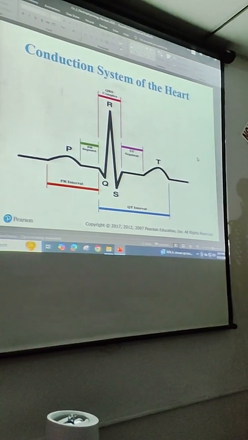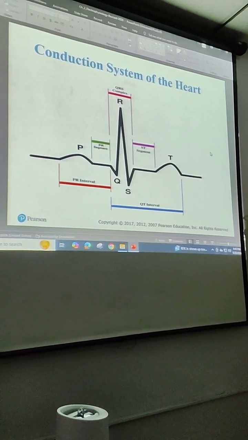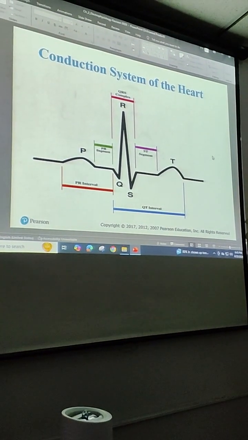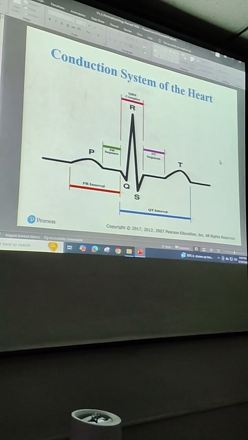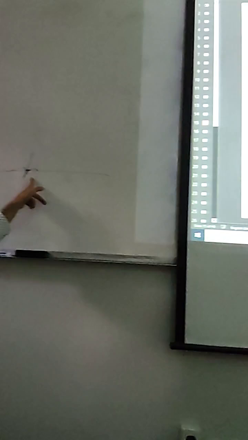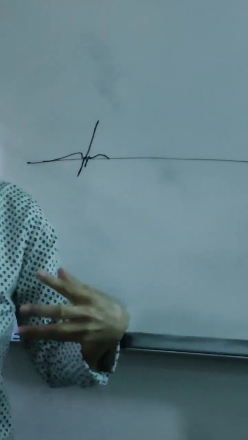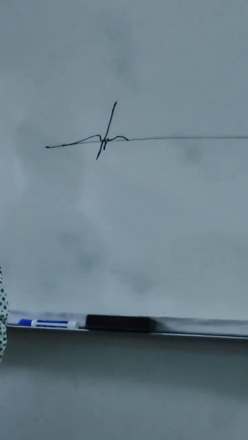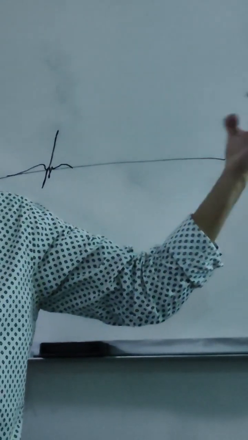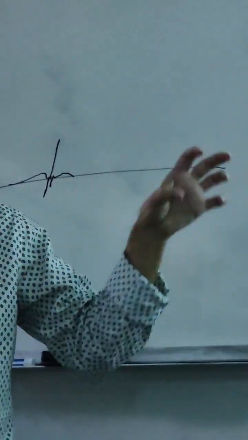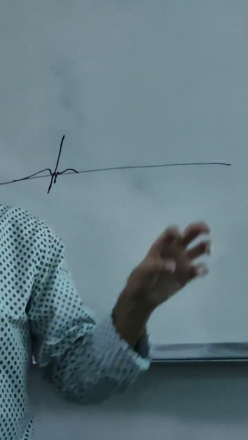So if that happened, then it is the AV node's problem. So the AV node switch is not turning off when it's supposed to turn off. Then this patient needs to go see the cardiologist. And the cardiologist is a specialist that deals with this problem, and they will determine what's going on with the AV node.